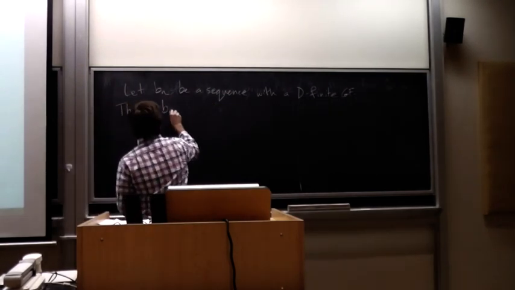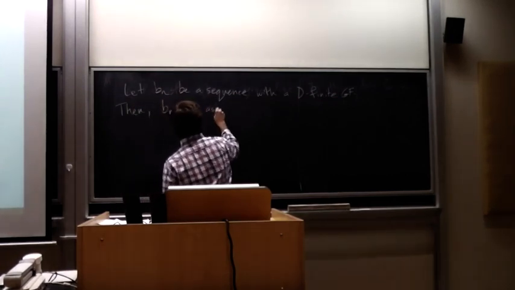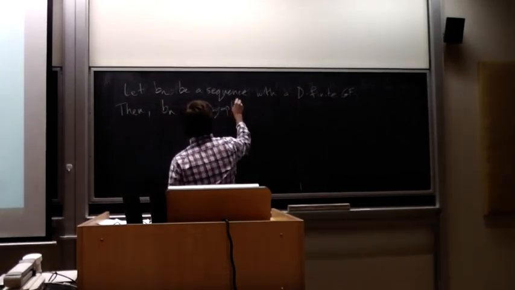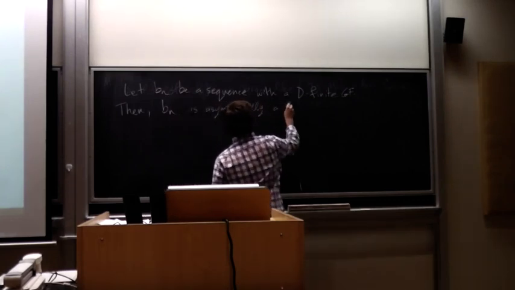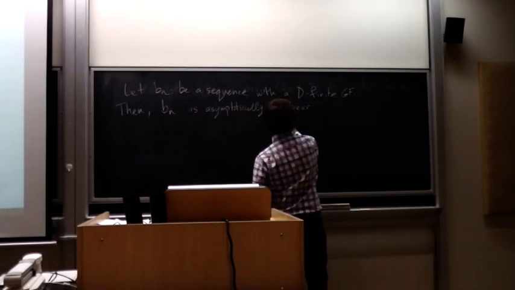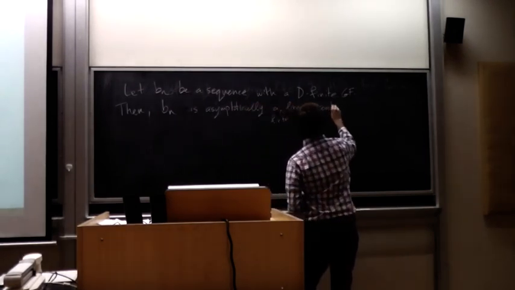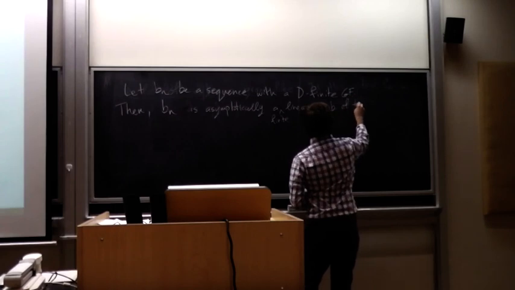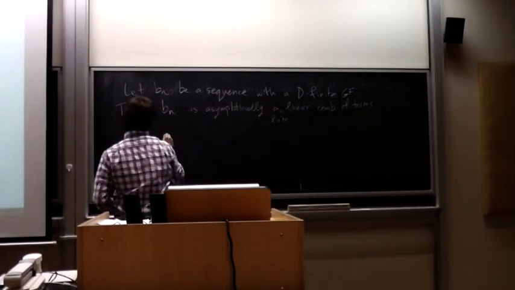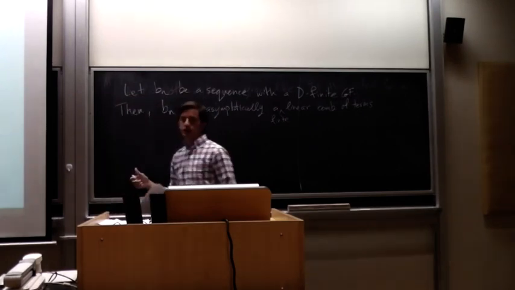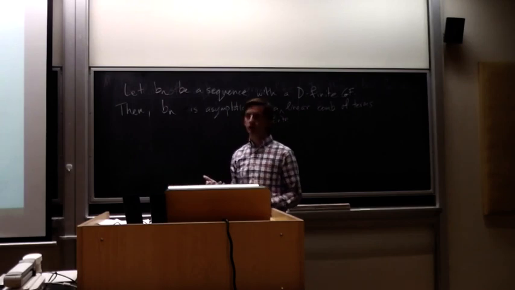Then B sub n is asymptotically a finite linear combination of terms that look like the following. So we're basically looking at, in the example that I had on the board under this, you could have mu to the n, n to the alpha. That's a particularly simple form.